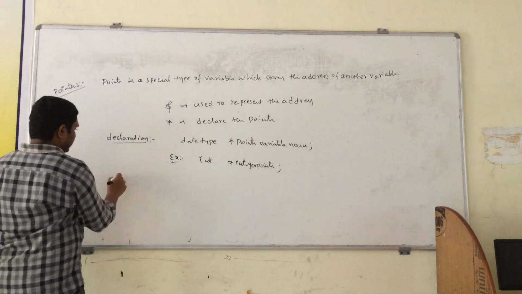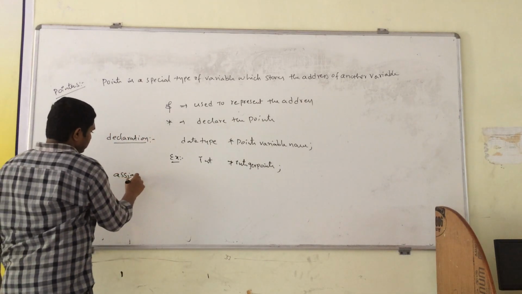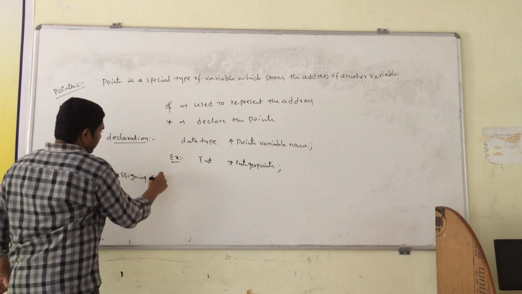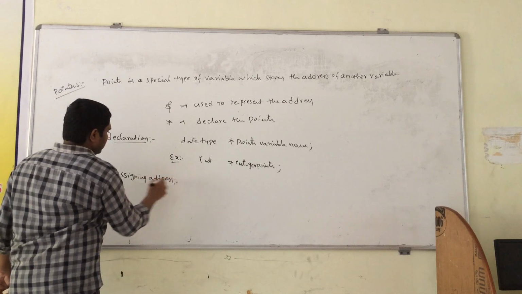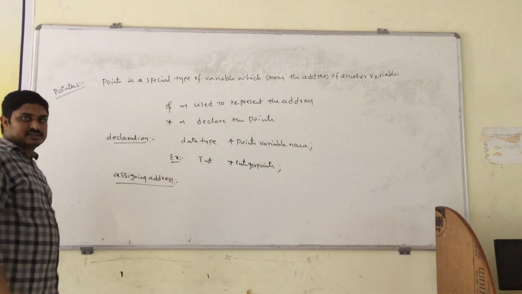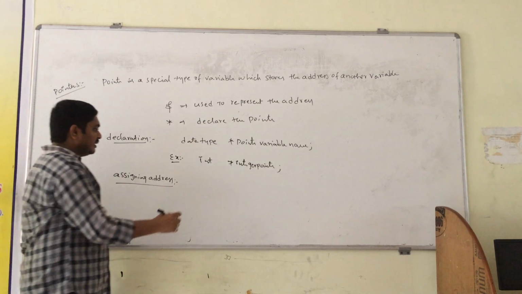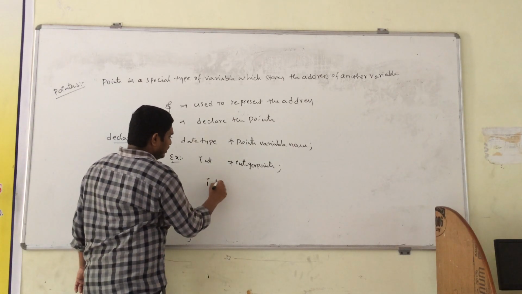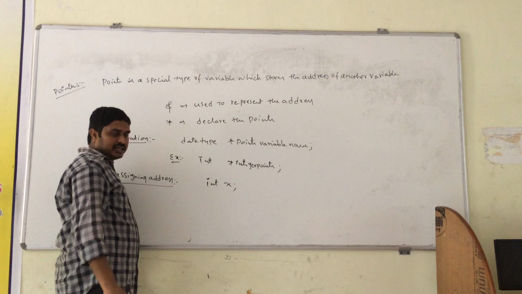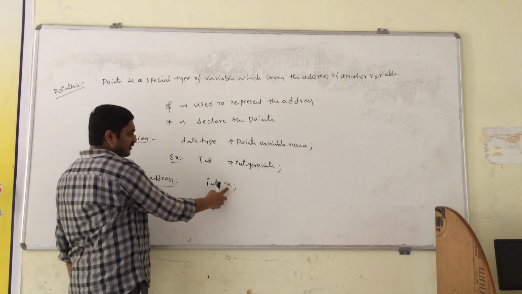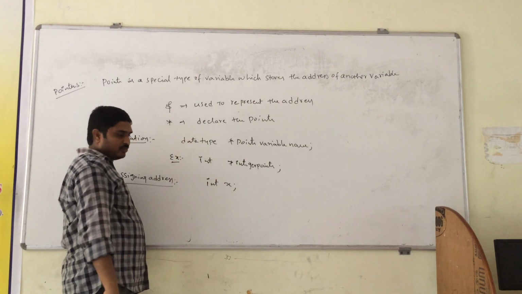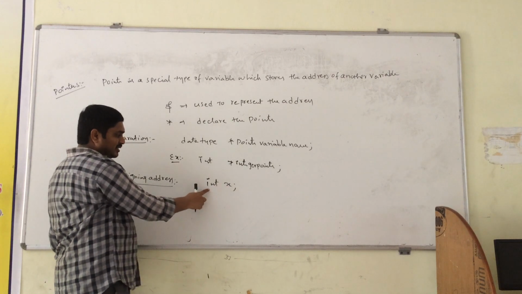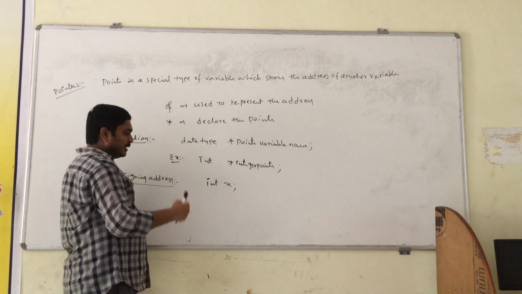Next, assigning address. Here I'm taking a variable int x. I'm storing the address of x into the pointer variable. So here x is an integer, we need an integer pointer.